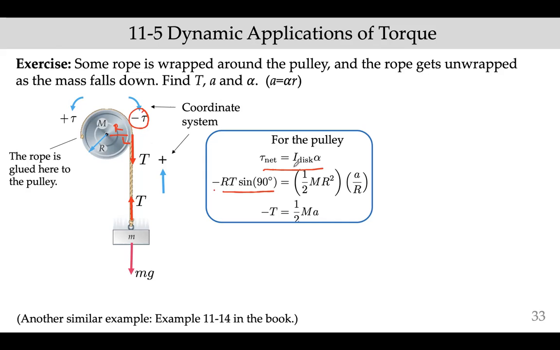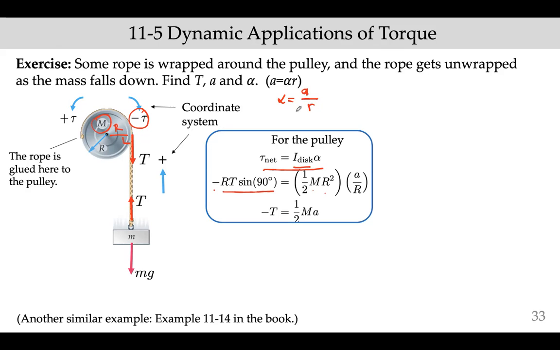Now, what is the moment of inertia of a disk? Well, you look up the table and you will find it's 1/2 Mr squared. Notice, we have two m's here, lowercase and uppercase. Here I have to use the uppercase M because that's the mass of the pulley. And r is the radius of the disk, the pulley. Now alpha, you can write as a, the linear acceleration, divided by r.